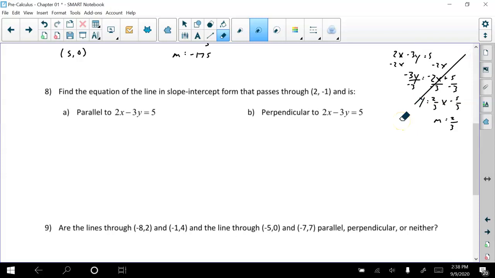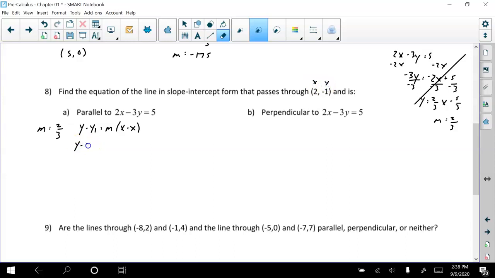Just wanted the slope. So for part A, parallel. So that means our slope of the new line is 2/3. I'm going to use my point-slope form. Y minus y1 equals m times x minus x1. So my point is (2, negative 1). There's my x and my y.